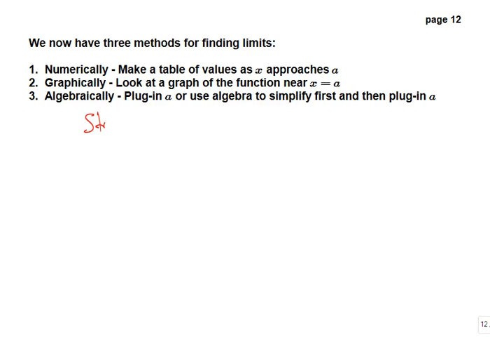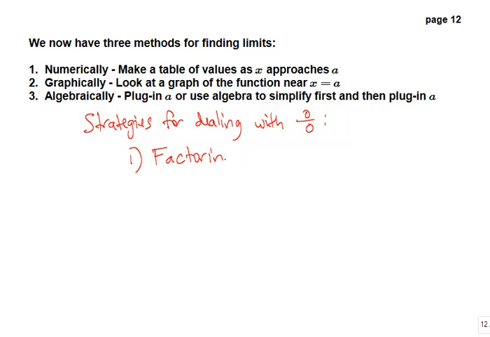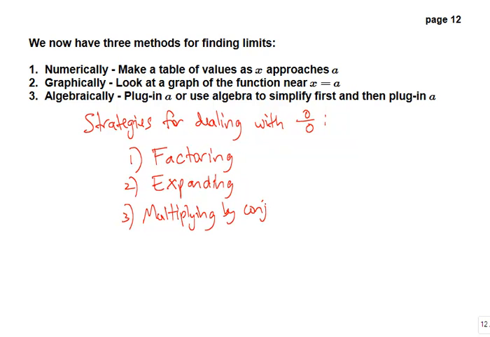And our strategies for dealing with an indeterminate form like 0 over 0 were things like factoring, either the numerator or the denominator, and then canceling out a common factor and plugging in, expanding or foiling to get rid of some parentheses and maybe cancel some terms out, multiplying by the conjugate on the top and the bottom.